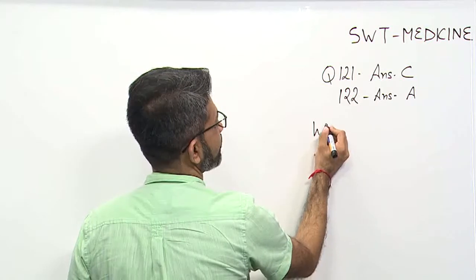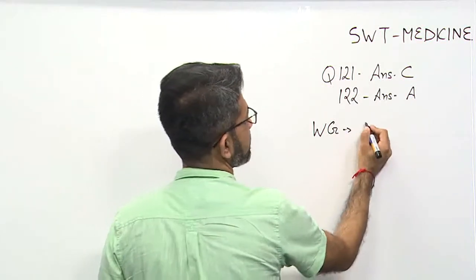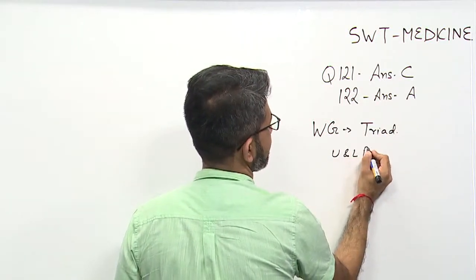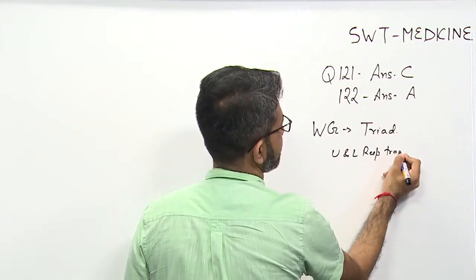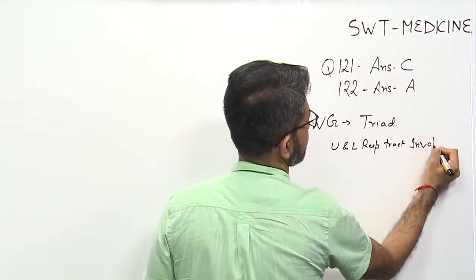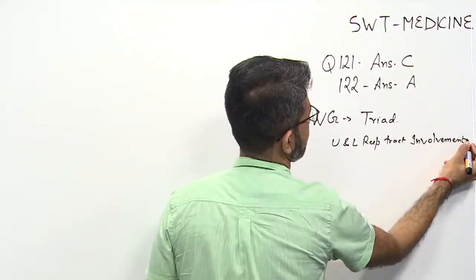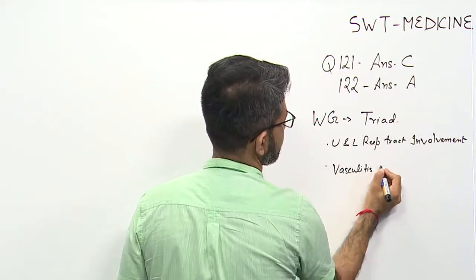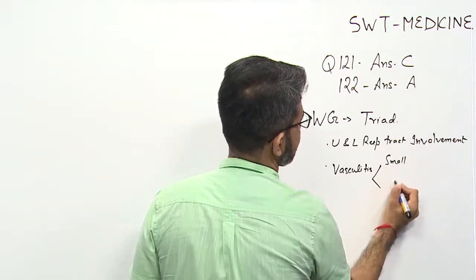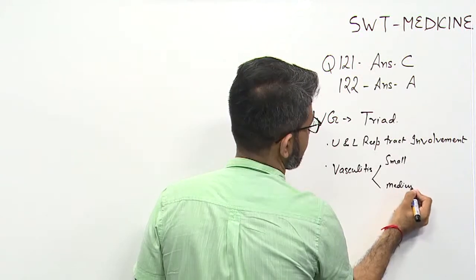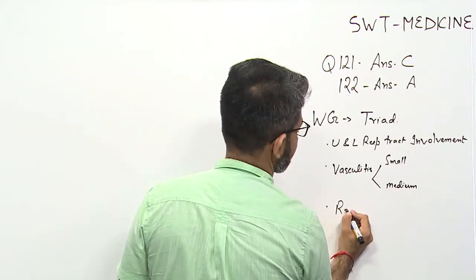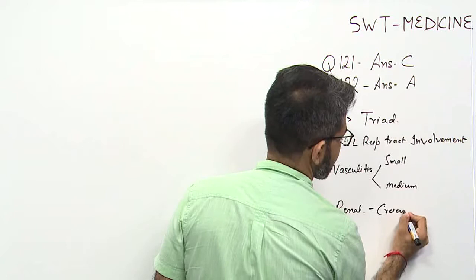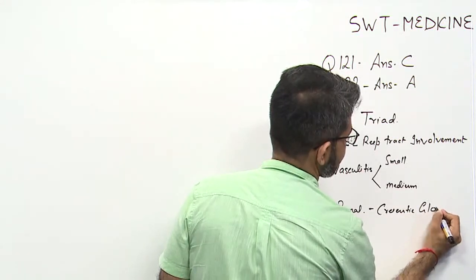This is regarding Wegener's granulomatosis. Remember, it has a triad where you have upper and lower respiratory tract involvement, you have vasculitis, which is of small and medium vessels, and you have renal involvement in the form of crescentic glomerulonephritis.